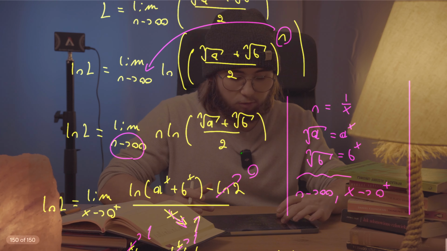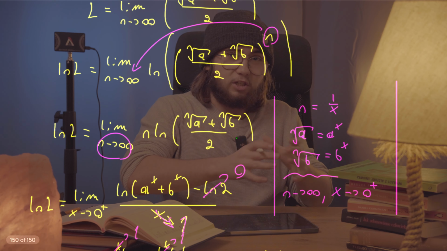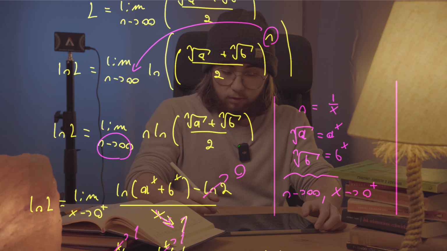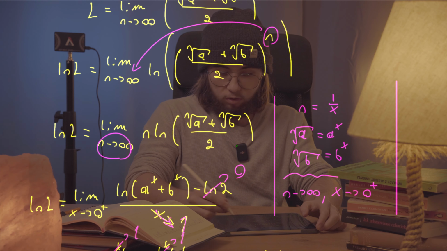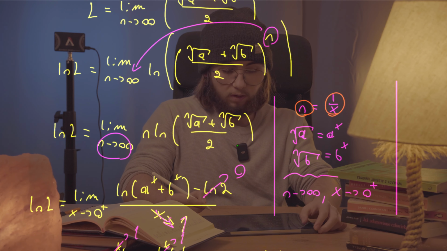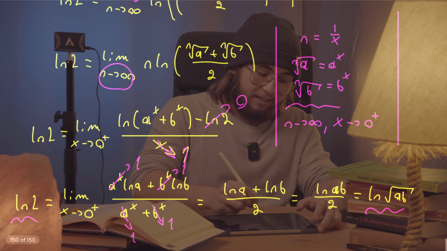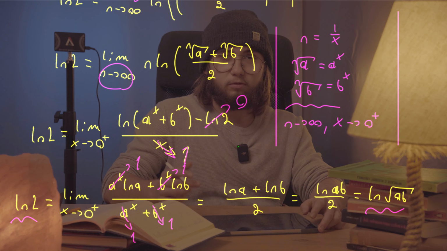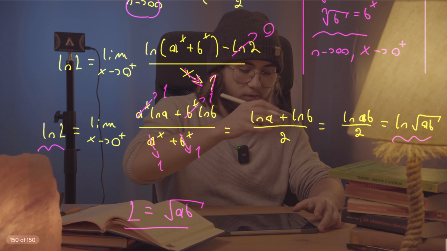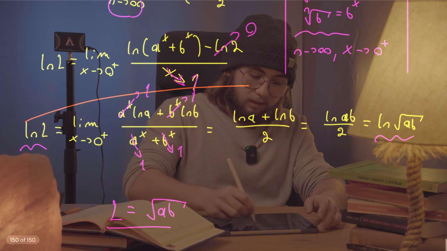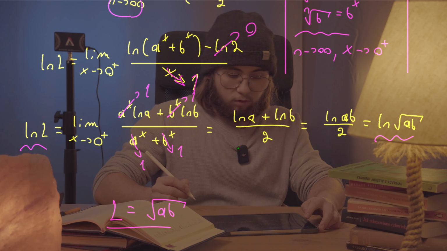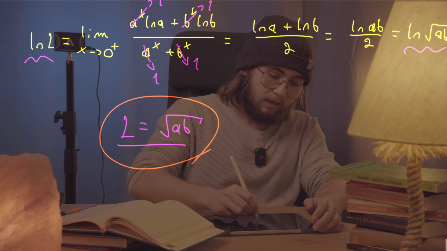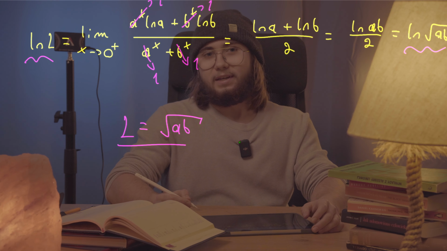Then we changed the variables such that we could use L'Hopital's rule, so we changed our n, I wanted to use a different color, so I'm going to use orange here, n into 1 over x, so that x then became our denominator, and we could use L'Hopital's rule in order to evaluate the natural log of the original limit, and so we then got that our original limit is equal to the square root of a and b.